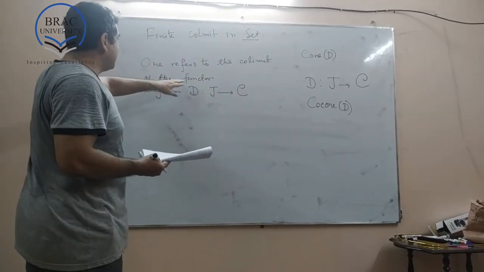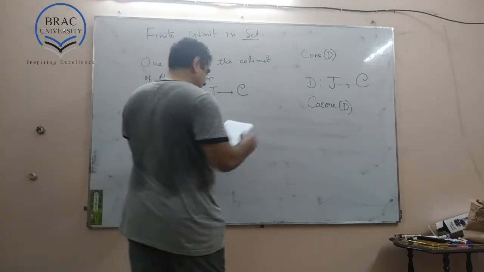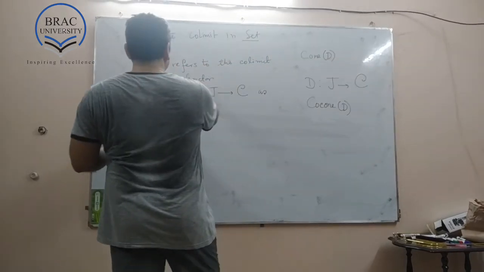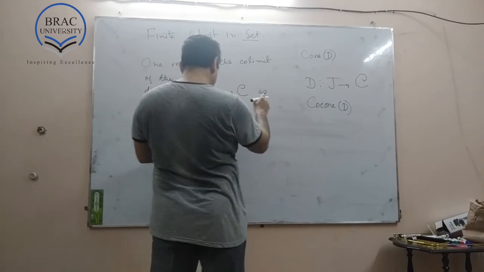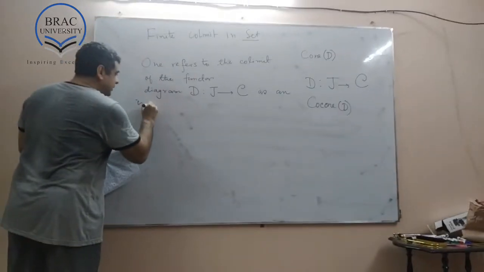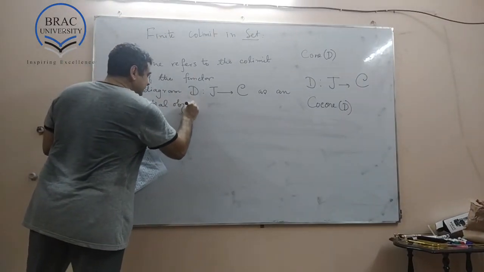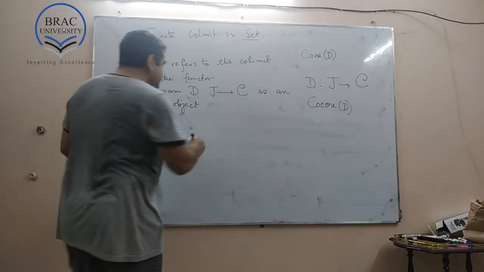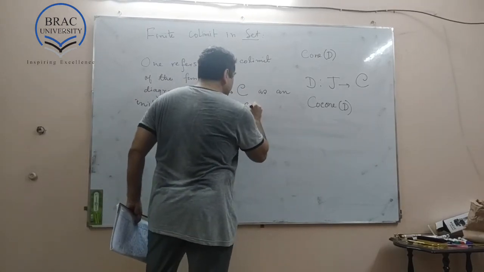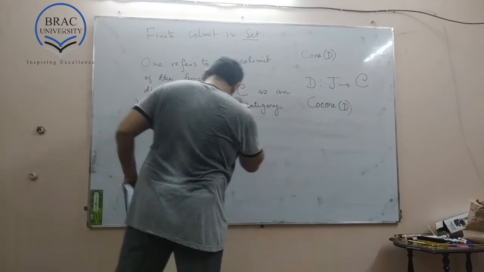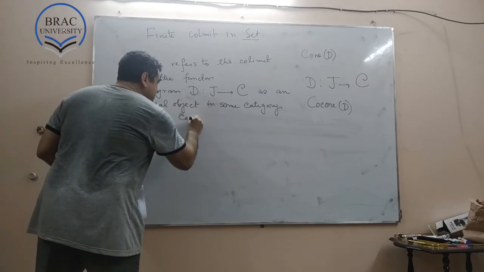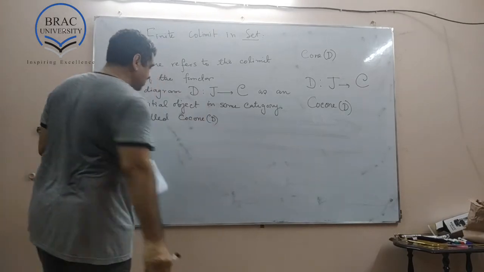So one refers to the colimit of the functor diagram D from J to C as an initial object in some category, which I have stated here, called cocone of D.